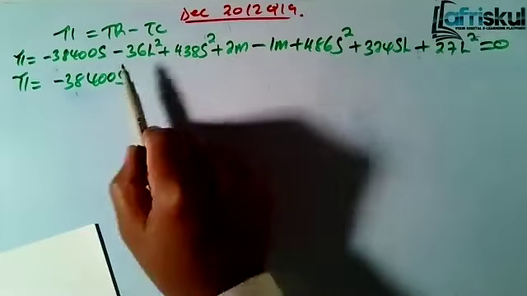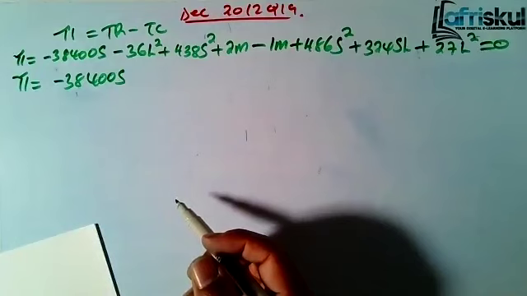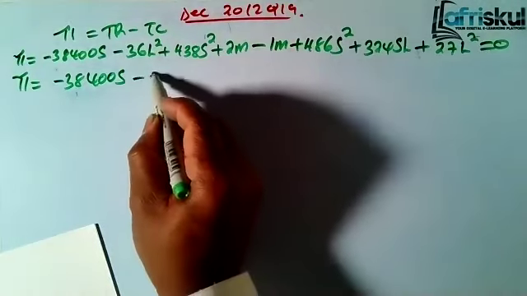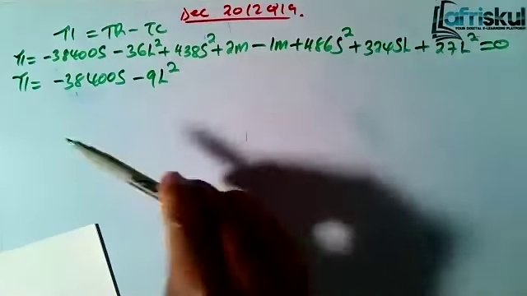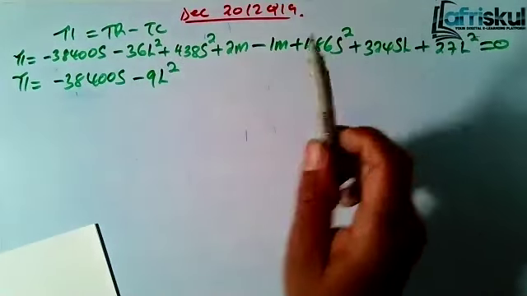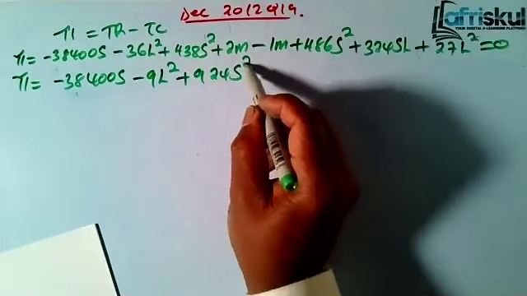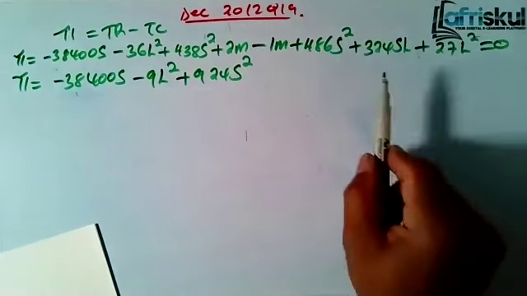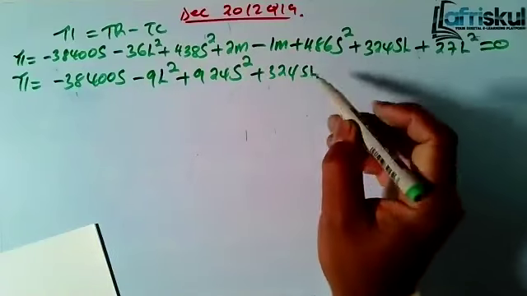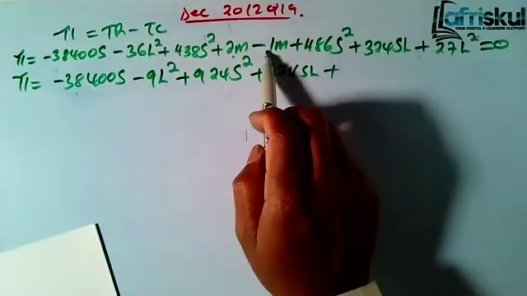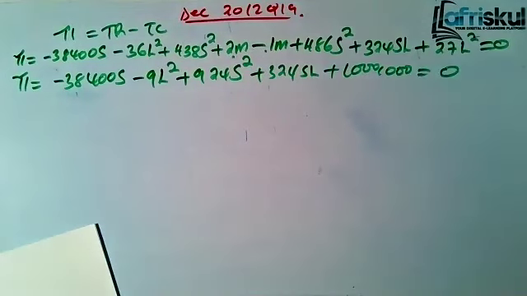So that is 27 minus 36, which gives minus 9L squared. 438S squared plus 486S squared is a positive 924S squared. And then we have 324SL plus 2 million minus 1 million, you get 1 million, equal to 0.